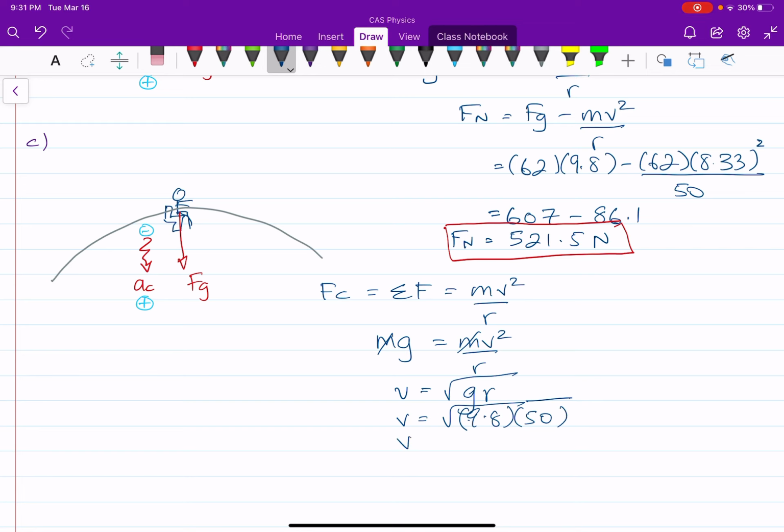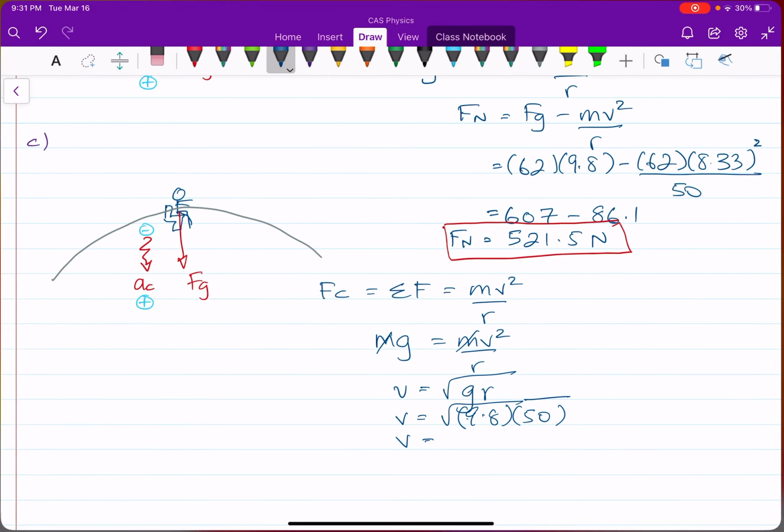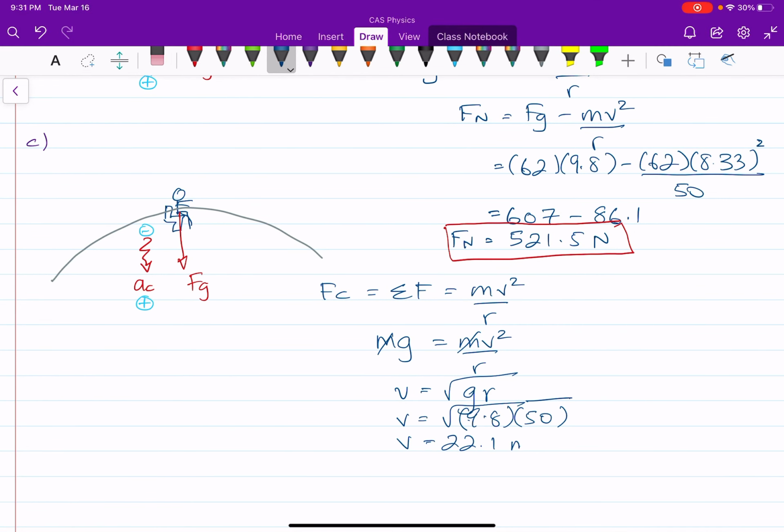That's 490. The square root of that is 22.1 meters per second. So that's a lot faster. Just for reference, multiplying by 3.6, this is 79, let's say 80 kilometers per hour.